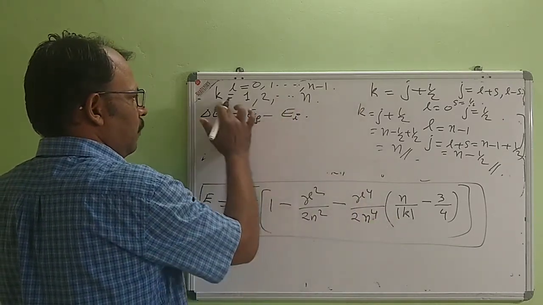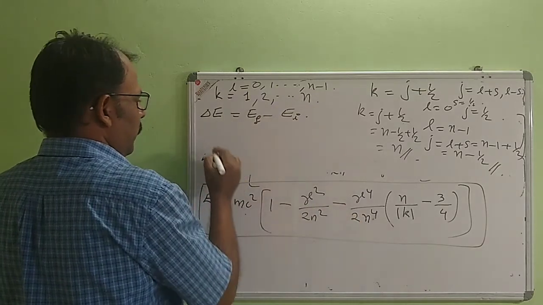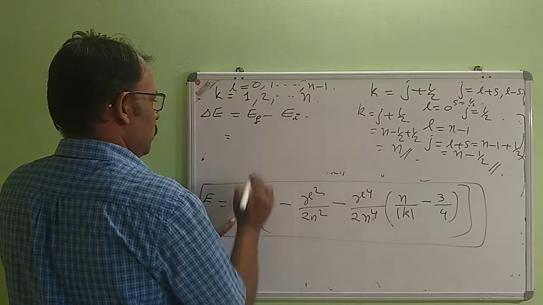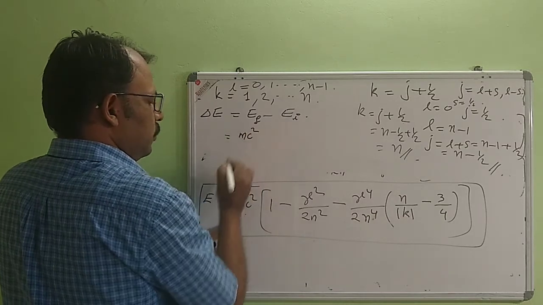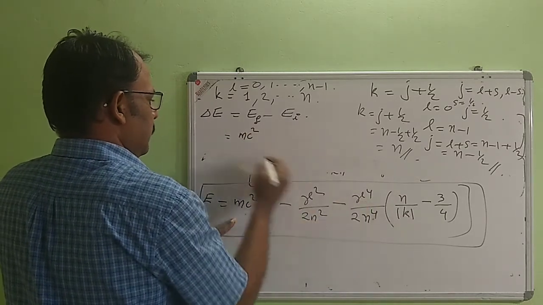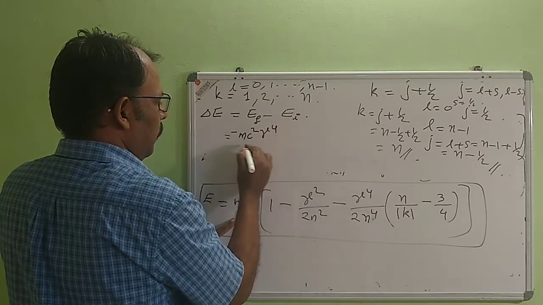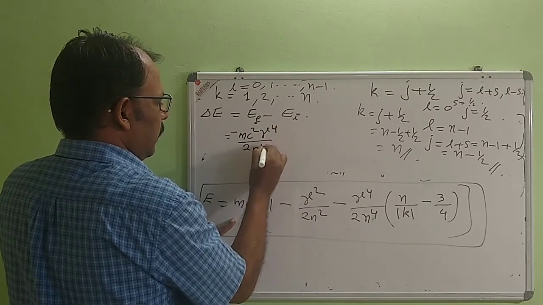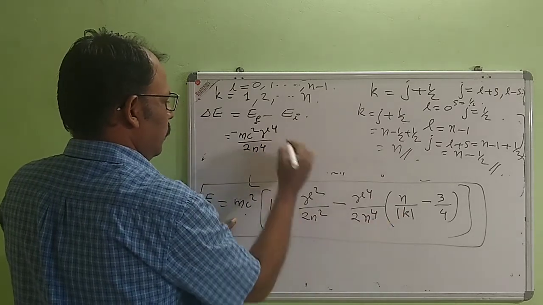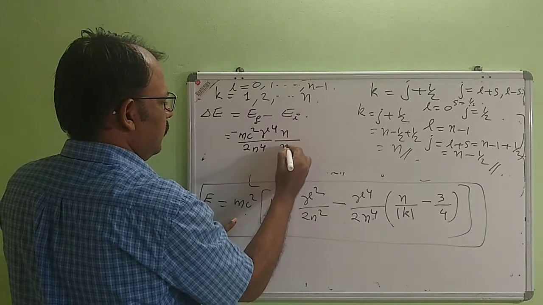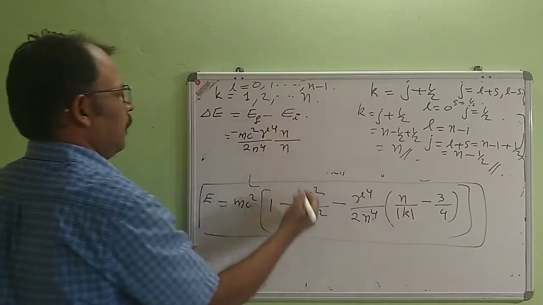So E final means k equal to n. When k equal to n, this term we can take as mc square into minus gamma raised to 4 by 2 n raised to 4 into n by mod k. N by mod k is n, the final value.